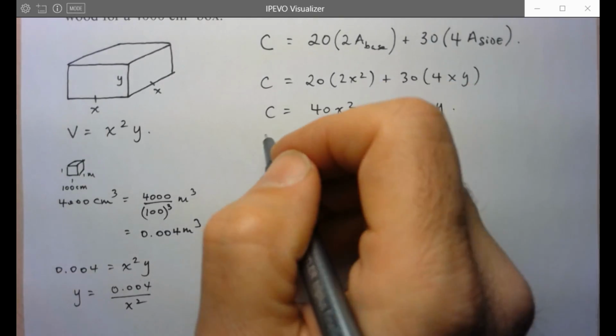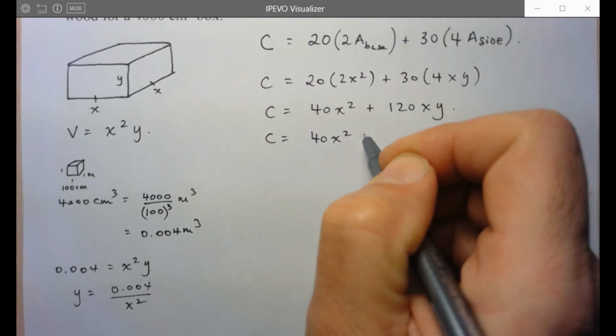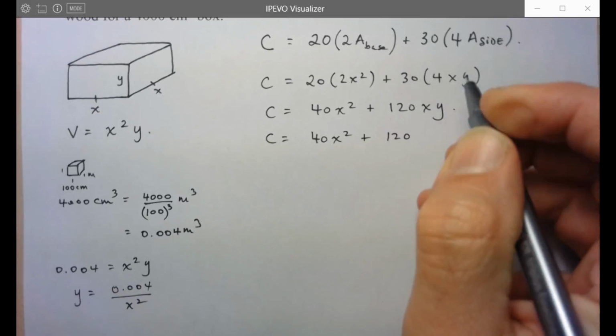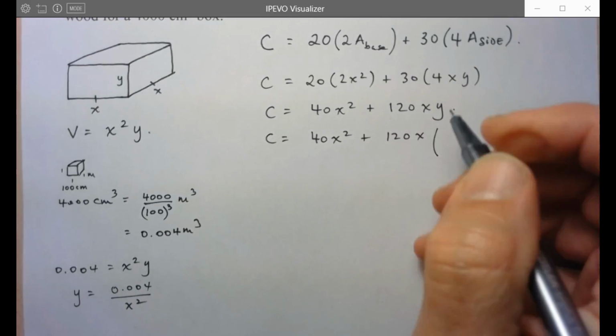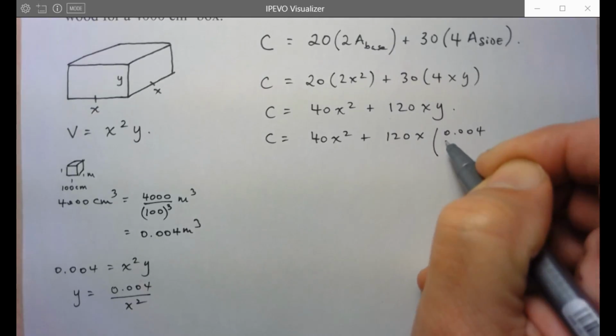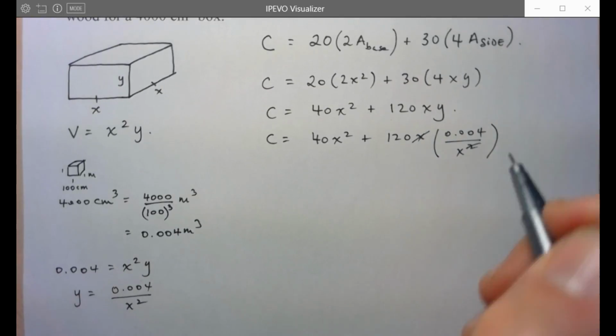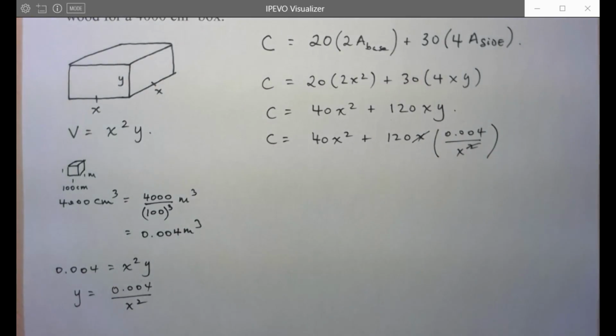And so now that means I can input that into my equation. So I've got 40x squared plus 120 times x. Wherever I see y, I'm just going to replace that by 0.004 over x squared. I notice here that the x in the numerator reduces with one of the x's in the denominator.